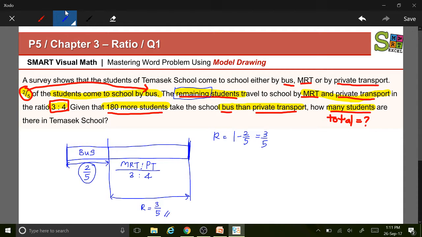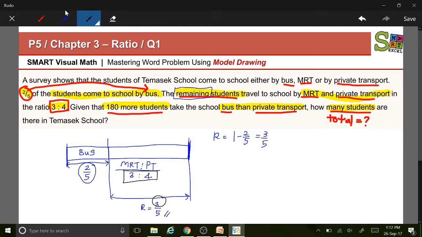If we notice down here, the number of students that take the MRT and private transport in this ratio is equivalent to this fraction, 3/5.